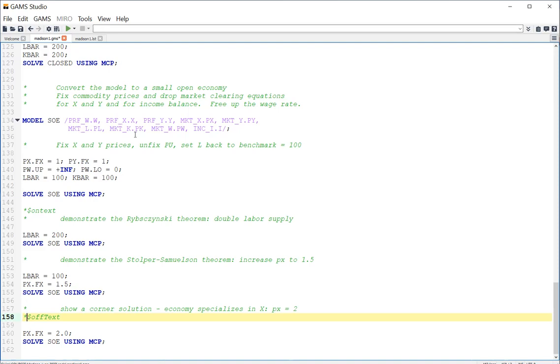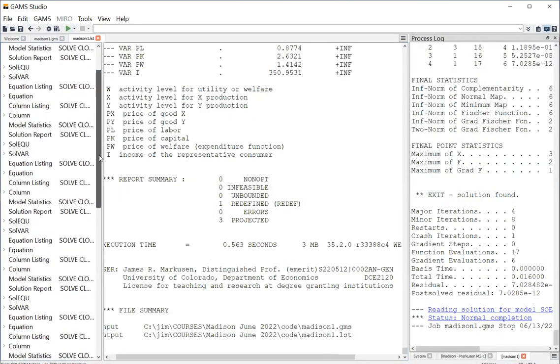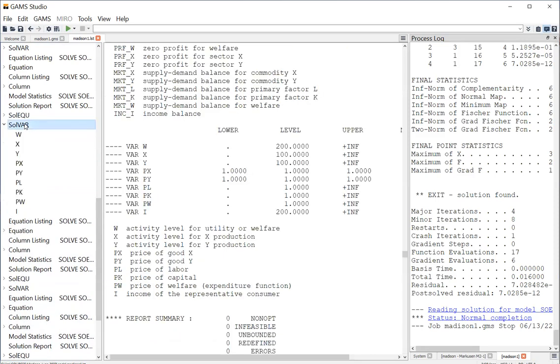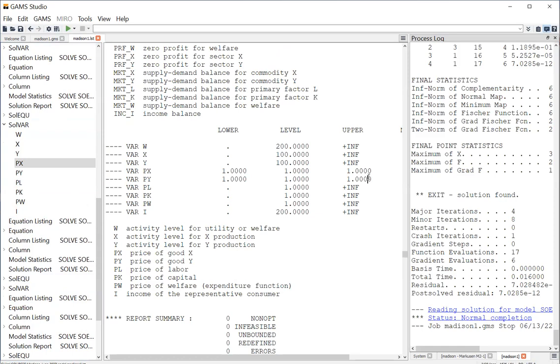So let's see if this works. Okay, so I'm going to run the model. When you use the FX notation in GAMS, you're actually fixing the upper and lower values of those variables. So you see lower value fixed at 1 and upper value fixed at 1.